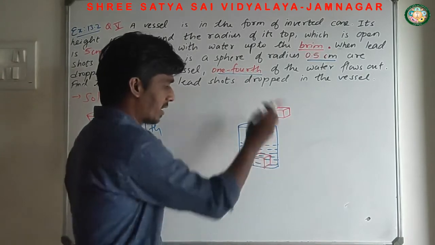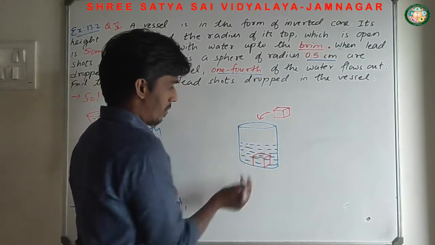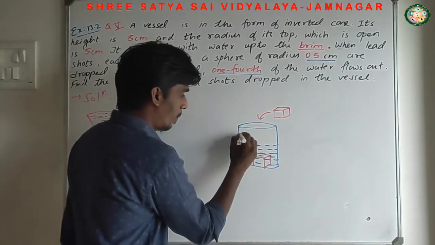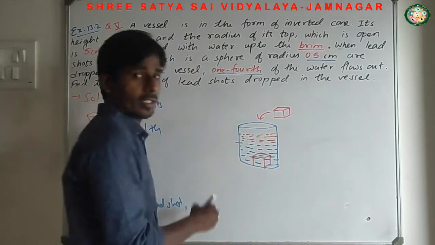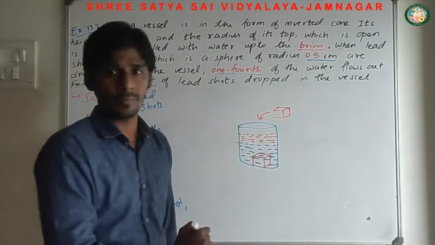Now as the cube submerges inside the water, definitely the level of water rises above this one. तो पानी का जो लेवल है वो बढ़ जाएगा. तो कितना पानी बढ़ेगा? How much water rises up depends on the volume of the cube.